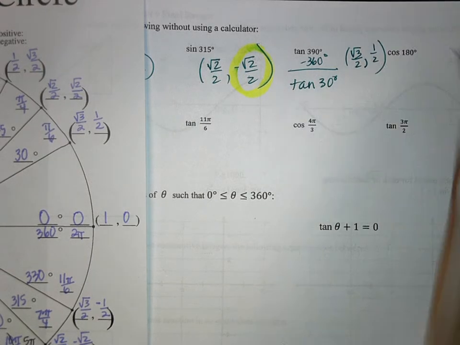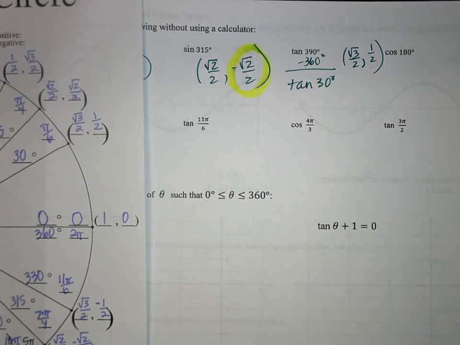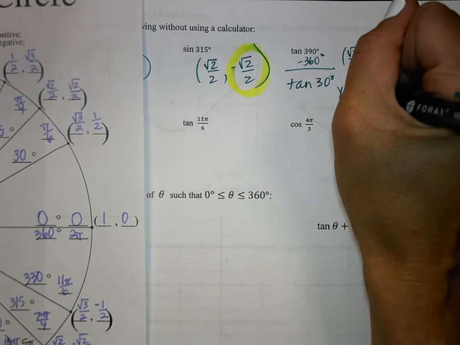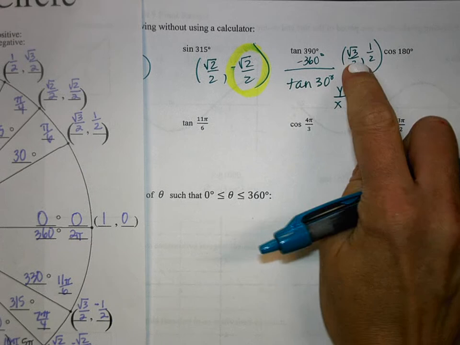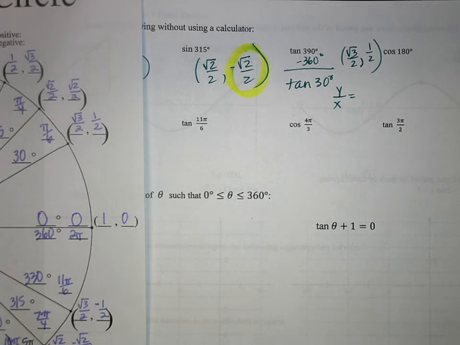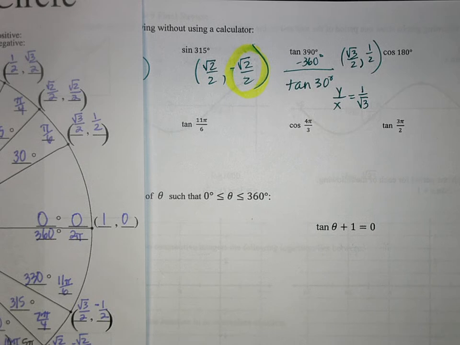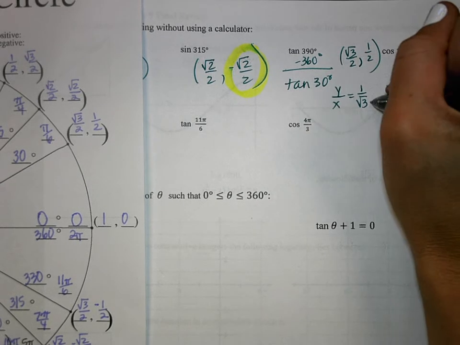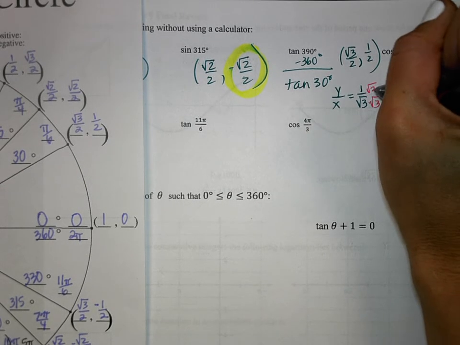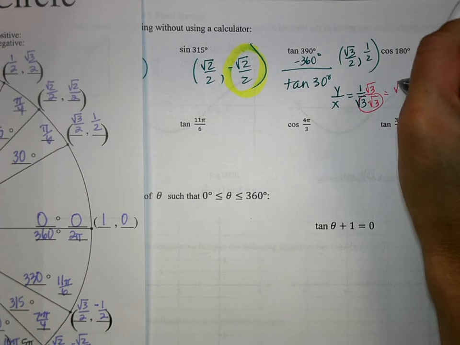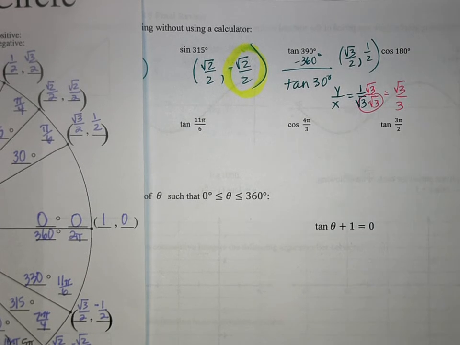Now, tangent is what? Y over x. And remember, because these each have the same denominators, the denominators would cancel out. And so it is 1 over root 3, but is that an acceptable answer? No, so it's root 3 over 3. When you multiply by root 3 to both the top and the bottom, we get root 3 over 3 for this answer.